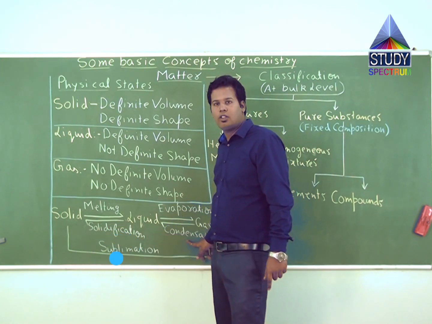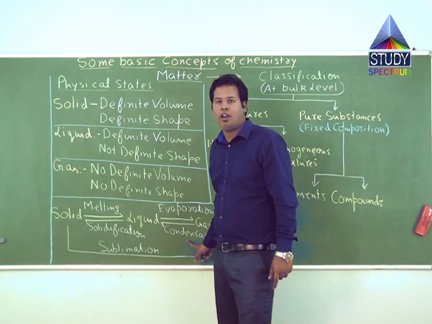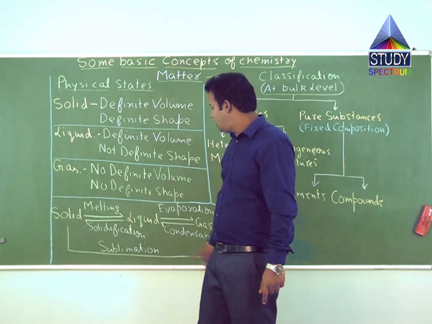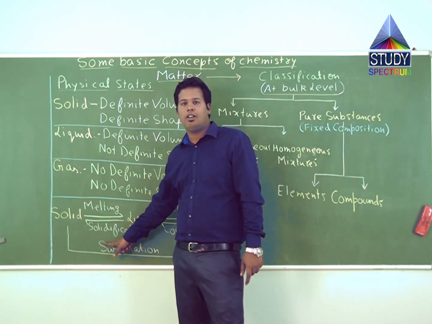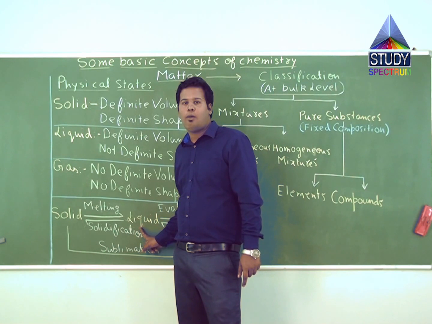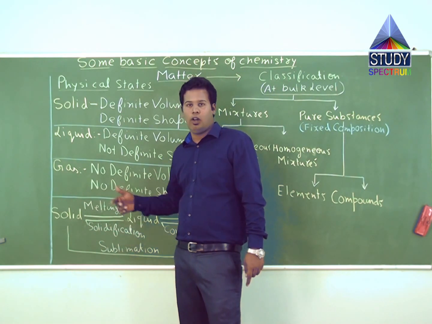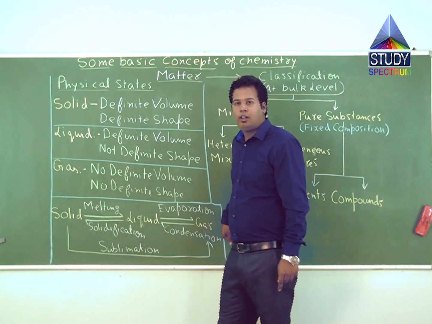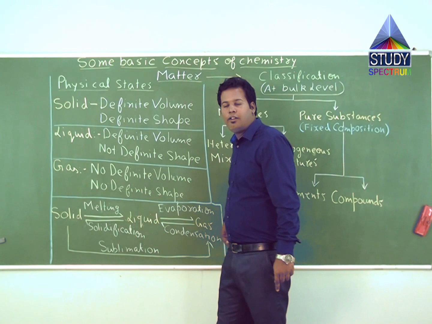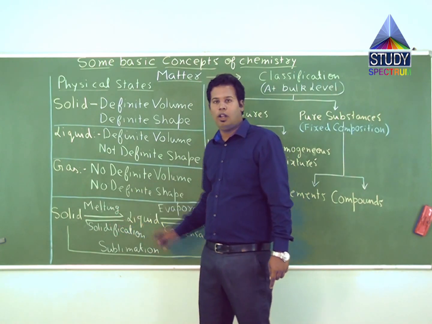This process is called liquefaction or condensation. Whereas with the help of solidification or freezing, you can convert the liquid form of that particular volume of water into solid form, and it requires further cooling. So movement from right to left is based on cooling.